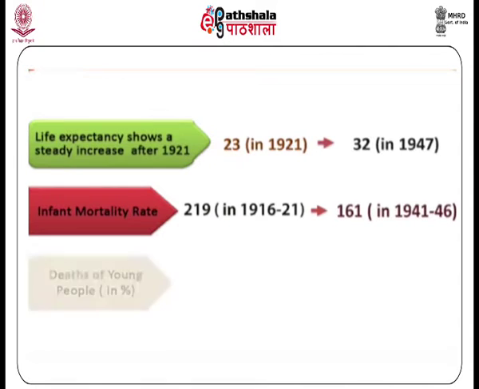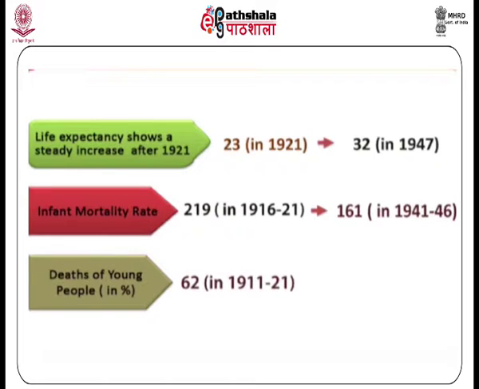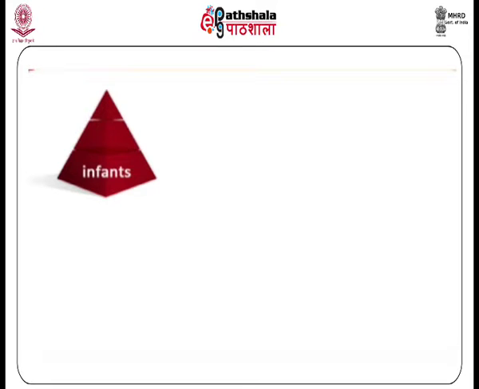Percentage figures of the deaths of the young people show a similar decline after 1921. From 62 in 1911 to 1921, it declined to 40 in 1941 to 1950, the decline starting from 1921 to 1931. The age structure was like that of a pyramid. Lots of infants were born, but fewer and fewer reached the higher age groups.